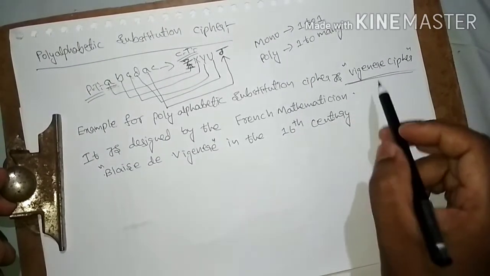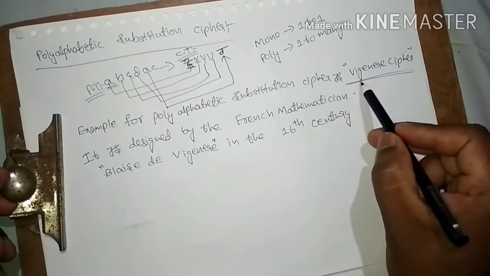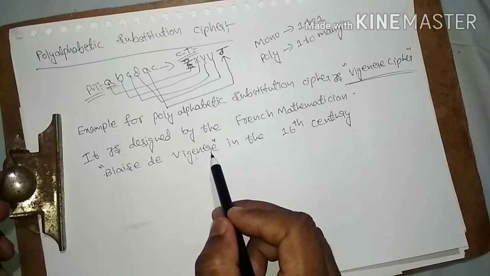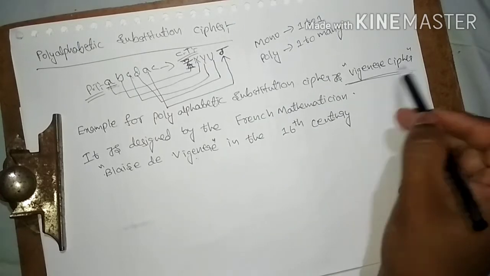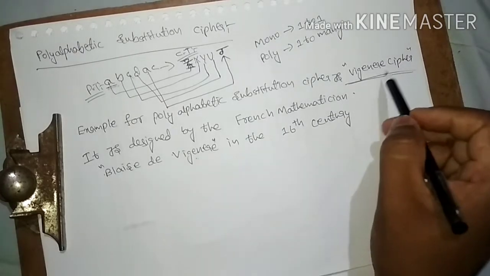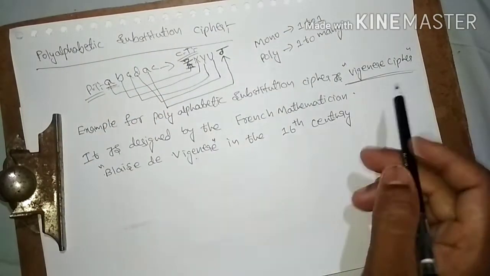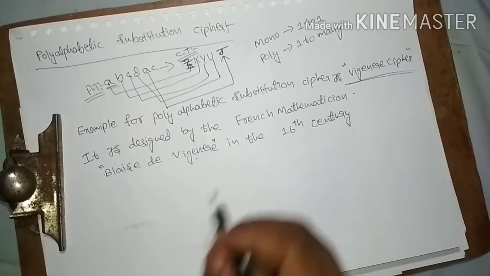So that's why his name is Blaise de Vigenere. On his name it is called the Vigenere cipher. So it is the best example for polyalphabetic cipher. Let's see how the polyalphabetic substitution cipher, that means the Vigenere cipher, works.